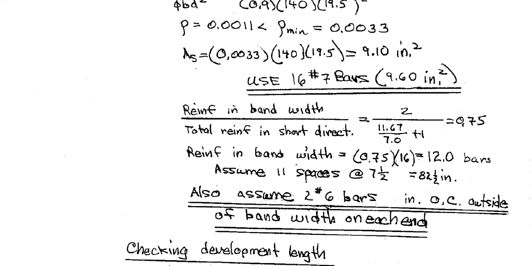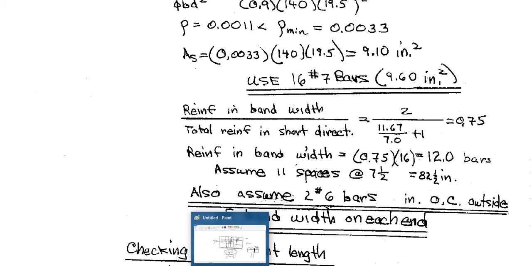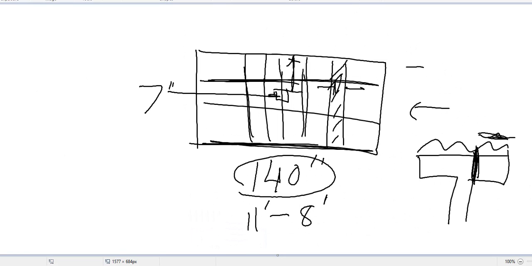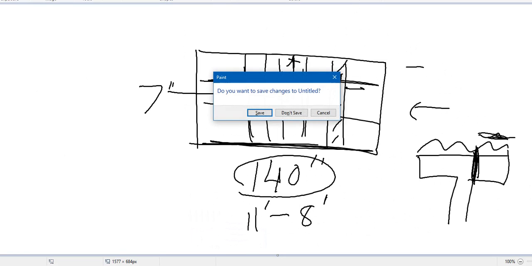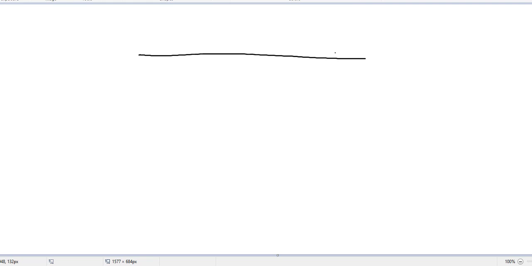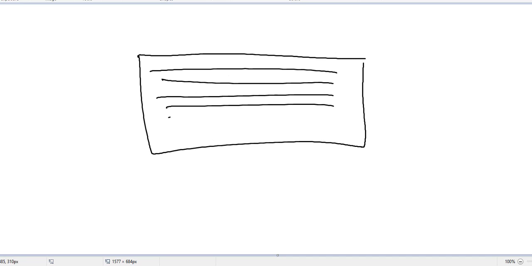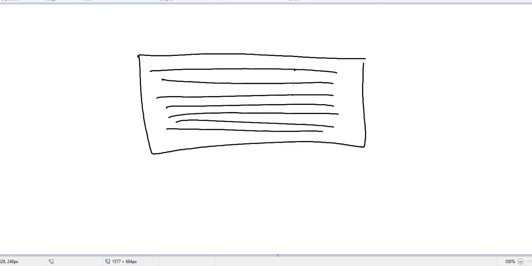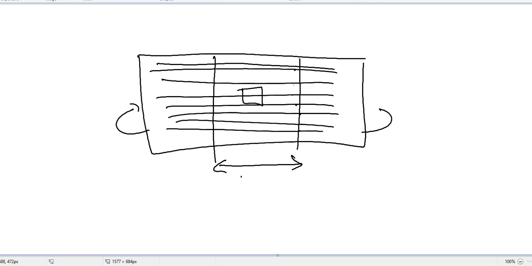Now 16 number 7. There is some story here of how to distribute it. So if I go back, now if I make it bigger, for longitudinal reinforcement we distributed uniformly. 8 bars, 1 2 3 4 5 6 7, 8 bars we distributed uniformly. My column is here. For short bars, when this side will bend and this side will bend, the most bending will be in the center or square portion, that is called bandwidth.